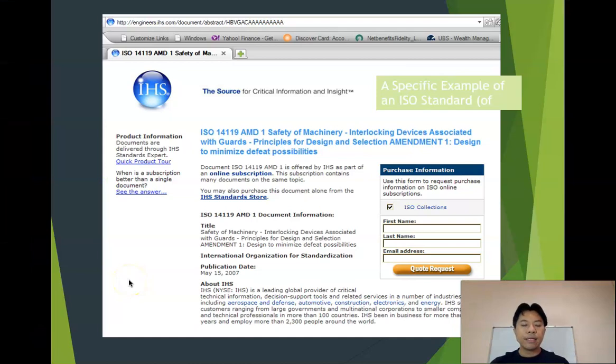Again, in IHS, we can look at a specific example of an ISO standard. This is the safety of machinery, interlocking devices associated with guards, the principles for design, and also the amendment, the design to minimize defeat possibility. The interlocking device associated with guards also has very detailed standards that can be used for aerospace and defense, automotive, construction, electronics, energy, and also maritime engineering.